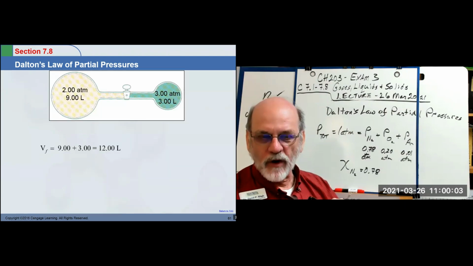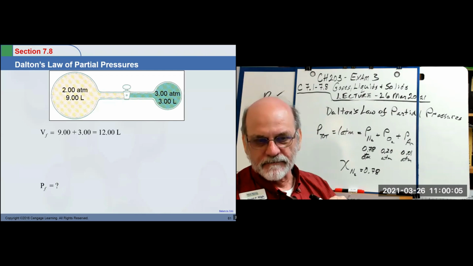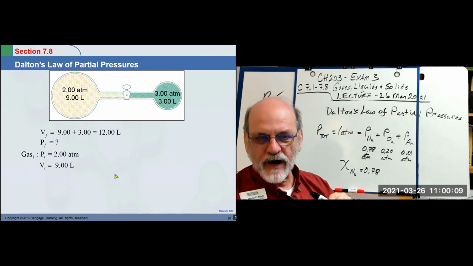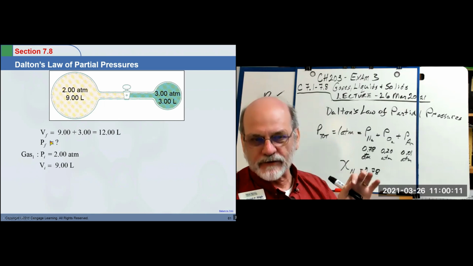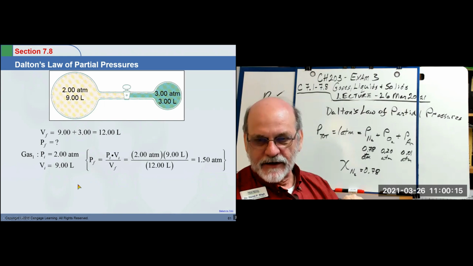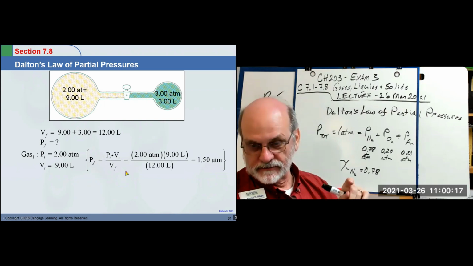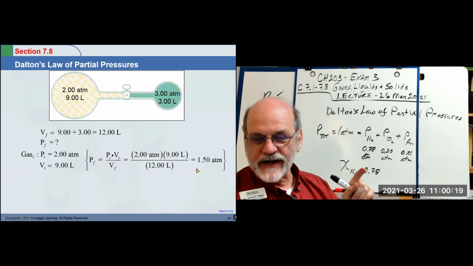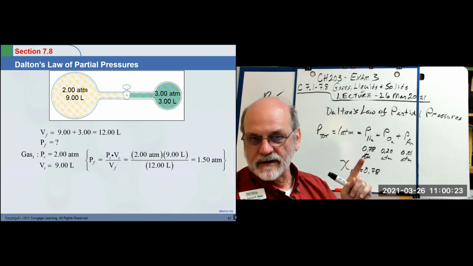And here's the problem worked out. There's the final volume. There's the final pressure. This is before and after. This is for the larger vessel. So the larger vessel now contributes 1.5 atmospheres after it's opened and mixed.